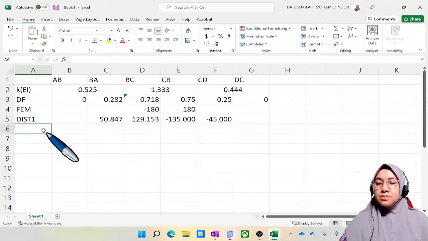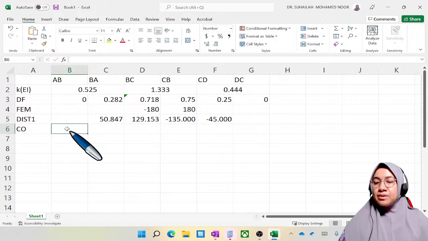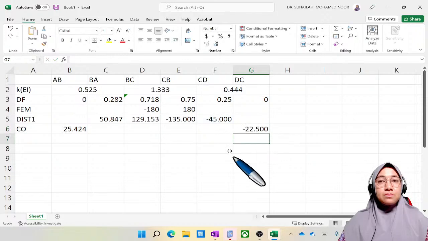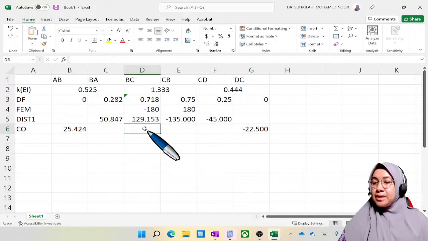So carry over, all is 0.5. So this one divided by 2, this one also divided by 2, and then divided by 2.